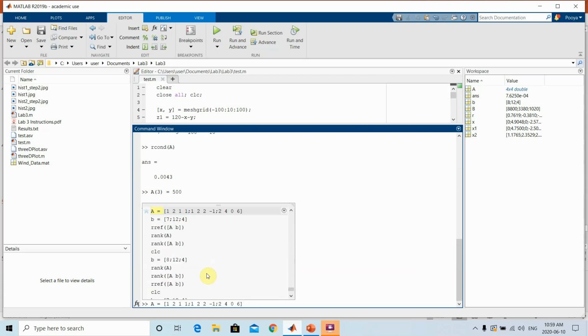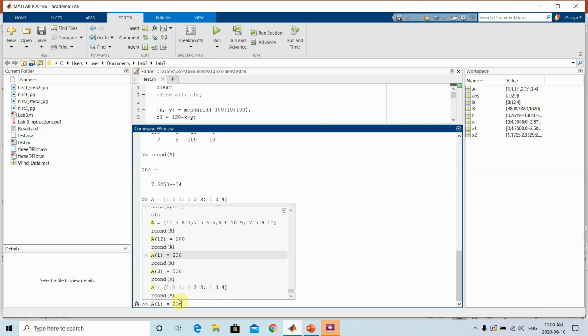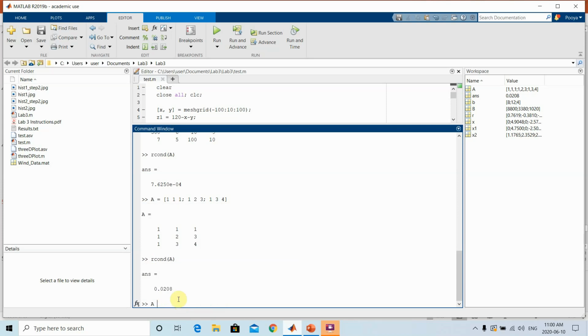Anyways, let's look at another matrix that we had. Let's look at this one. Is this? No. Let's look at this one. Is this rcond ill-conditioned? It's not very close to 0, right? We saw that this doesn't have any solution anyways, but let me find another one that gives us a larger number.